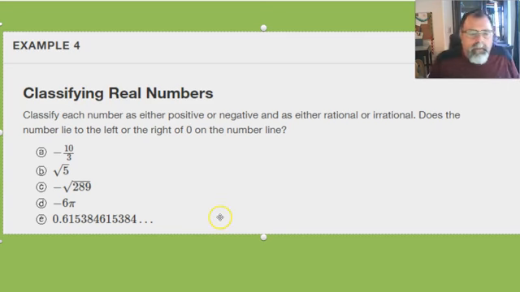All right, let's look at example 4, classifying real numbers. Classify it as either positive or negative, and as either rational or irrational. This minus sign you can interpret as negative. So negative 10/3. That's rational. It's a ratio of 2 integers.